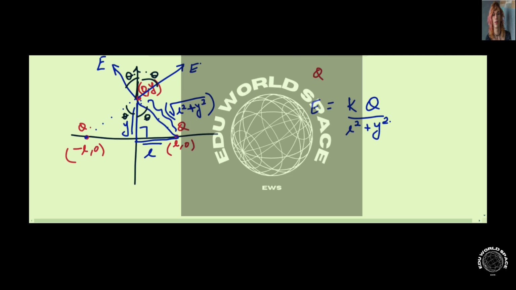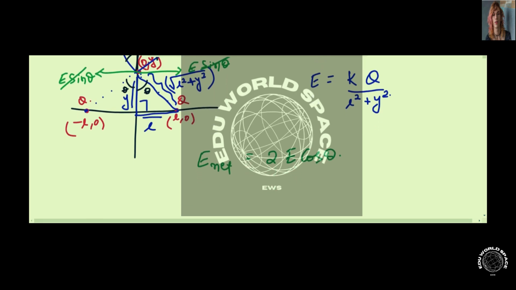If you project this electric field, it will be E sin theta in this direction and E cos theta in this direction. Similarly, the projection of the other electric field will be E sin theta in this direction and E cos theta, so that will make it 2E cos theta. So these two E sin theta components will cancel, and we get the net electric field coming out to be 2E cos theta. So this is the net electric field.